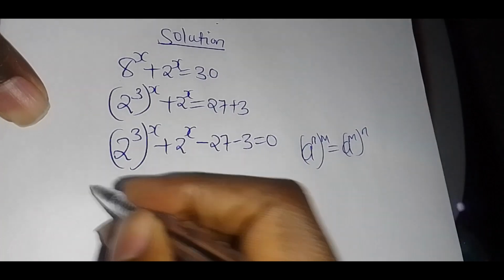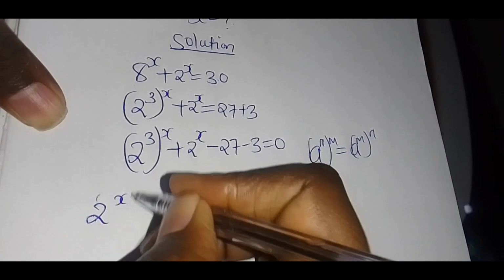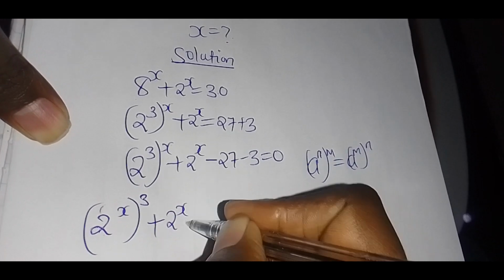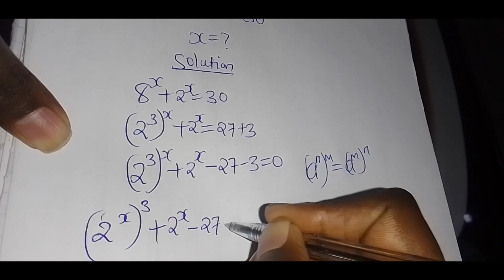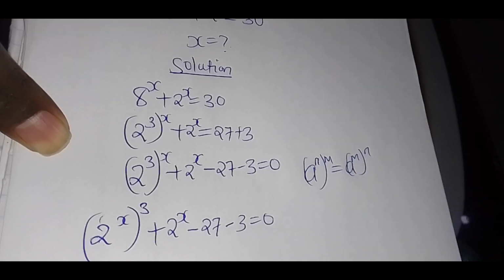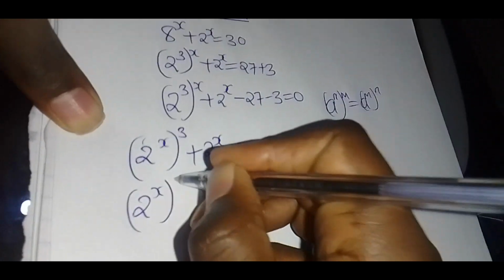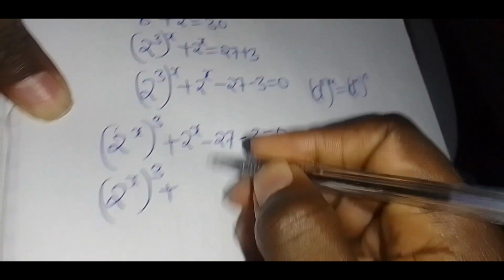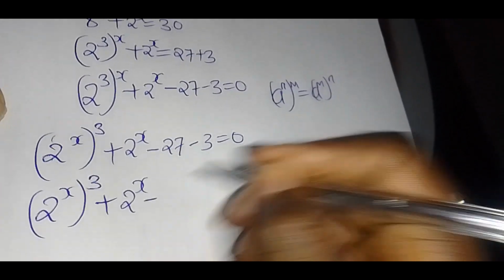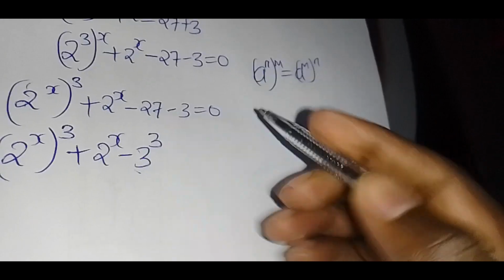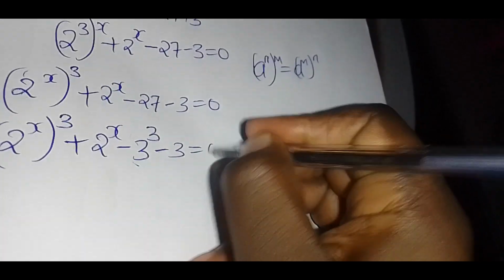So we'll have 2 raised to power x multiplied by 3, plus 2 raised to power x, minus 27 minus 3. So this is 2 raised to power x, cubed, plus 2 raised to power x. We can write 27 as 3 cubed, so 3 cubed is 27, minus 3, which is equal to 0.